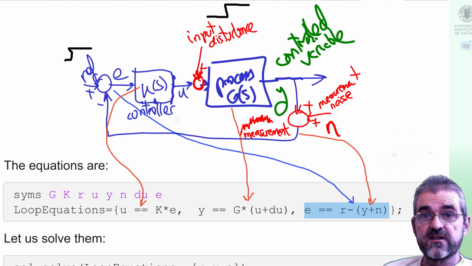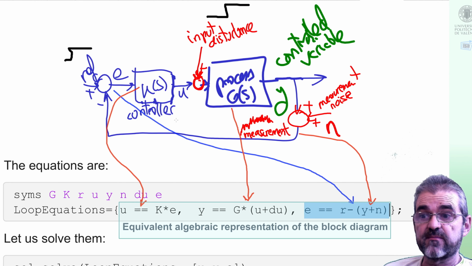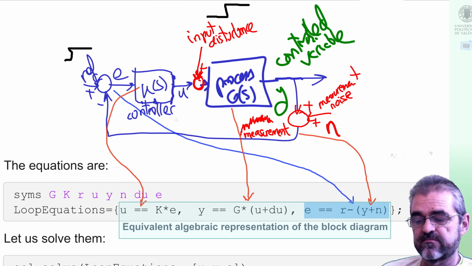So with this we have translated the block diagram to an algebraic equation form, and it's that form we will need for actual mathematical derivations. The block diagram is just a convenient way of representing these systems of equations in the Laplace domain, but the truth is that the equations are what really matter.